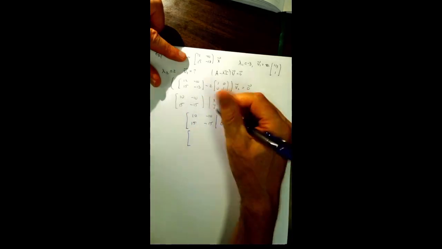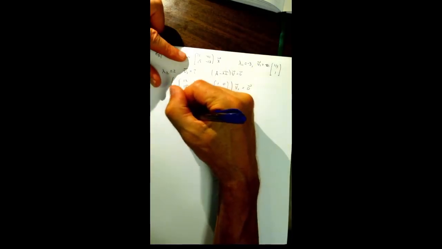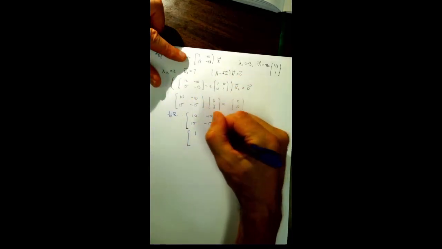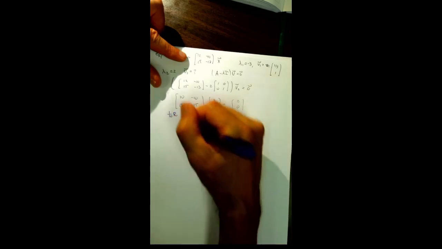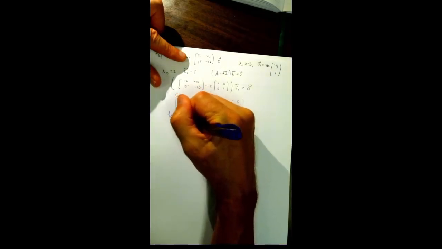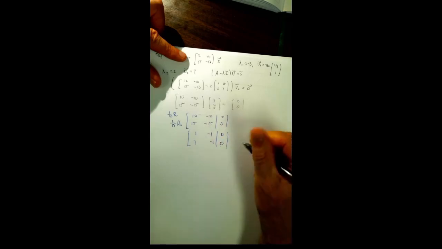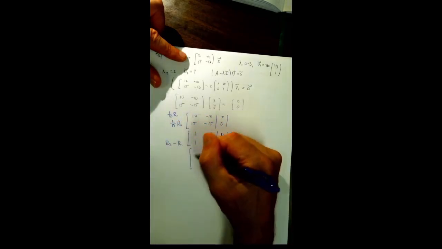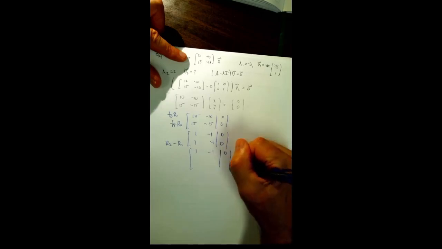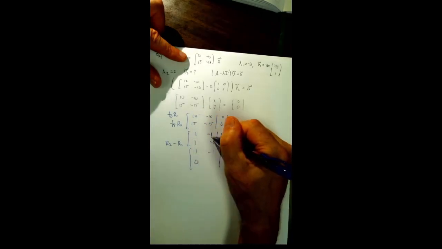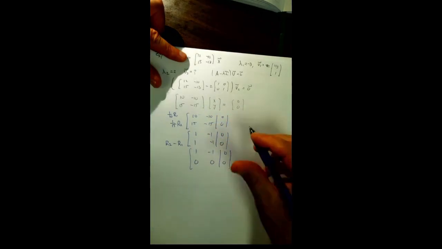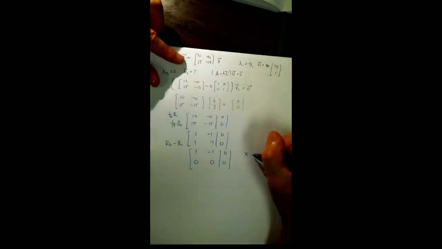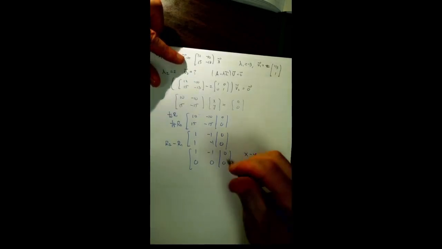Let's take 1/10 times row 1, which would give me 1, minus 1, and 1/15 of row 2 would give me 1, minus 1. Now if I take row 2 minus row 1, leaving the top row alone, I get 1 minus 1 is 0, minus 1 plus 1 is 0. So I basically get that x minus y is 0, or x equals y.